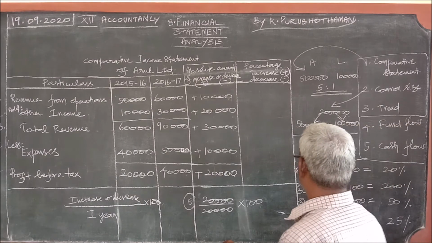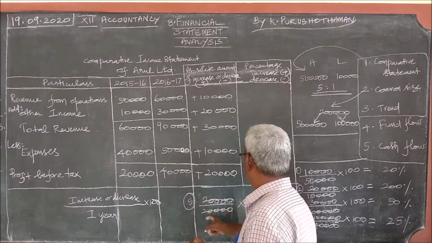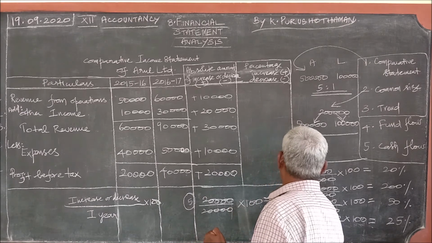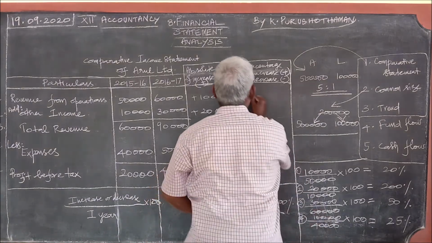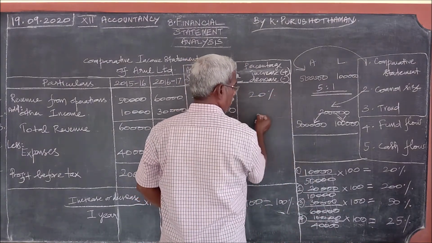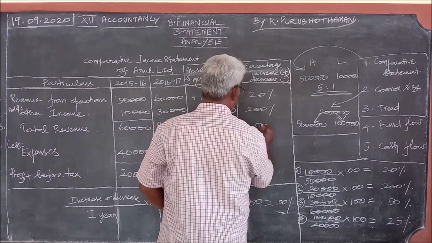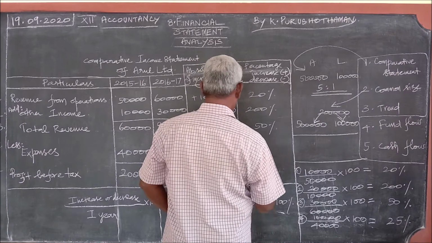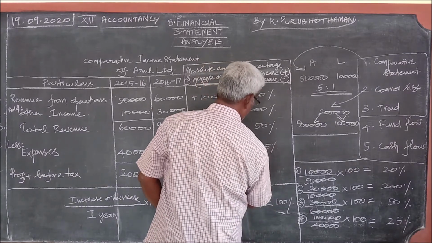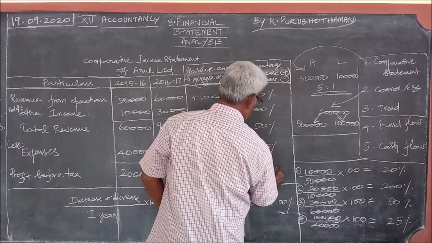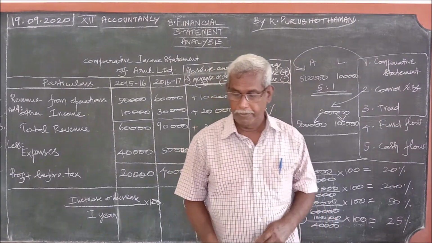Here, 2 by 2 simplifies, 1 into 100, 100%. So you can write 20% here, 200% here, 50% here, 25% here, and 100% here. These are all the results of this problem.